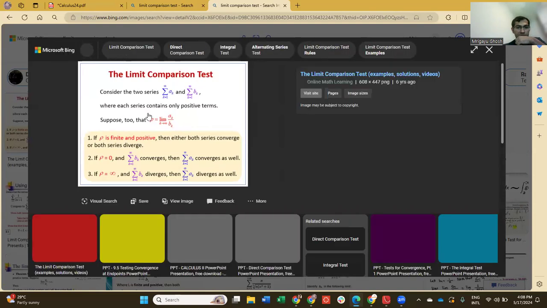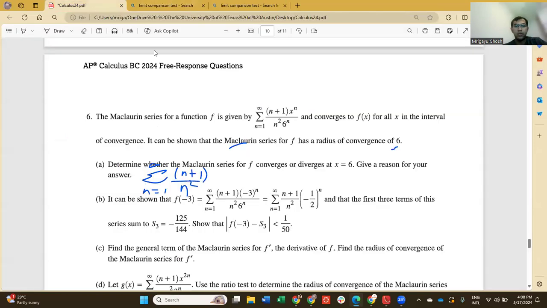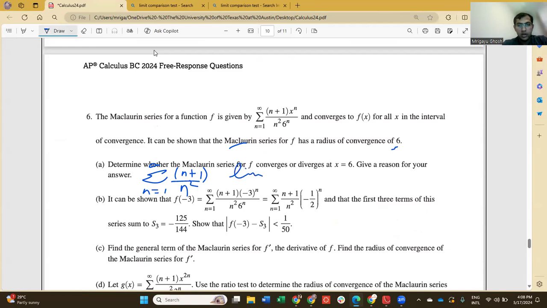Okay, so if the limit is finite and positive, then either both converge or both diverge. Okay, that's perfect. That's actually what we need. So if I take the limit as n approaches infinity of my sequence, which is n plus 1 over n squared, and I compare it to 1 over n, which I know diverges, then this is going to equal the limit as n approaches infinity of n times n plus 1 over n squared.